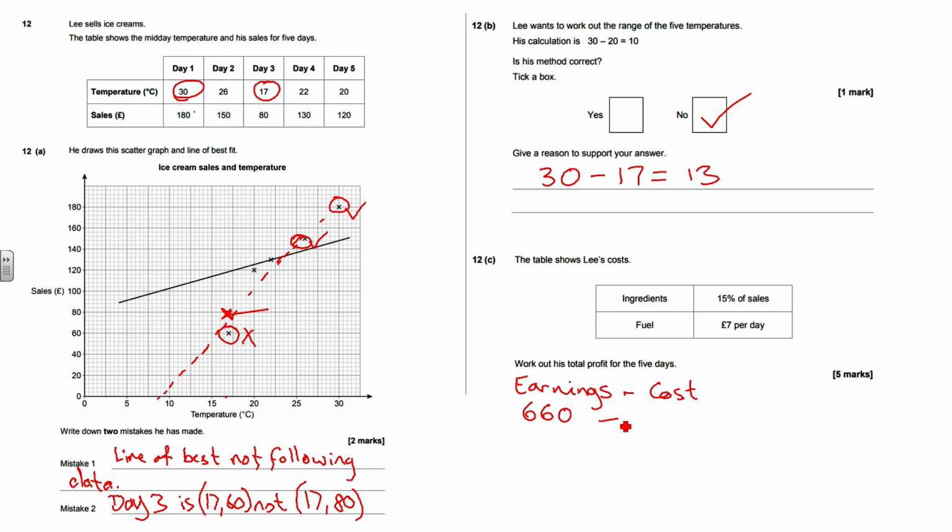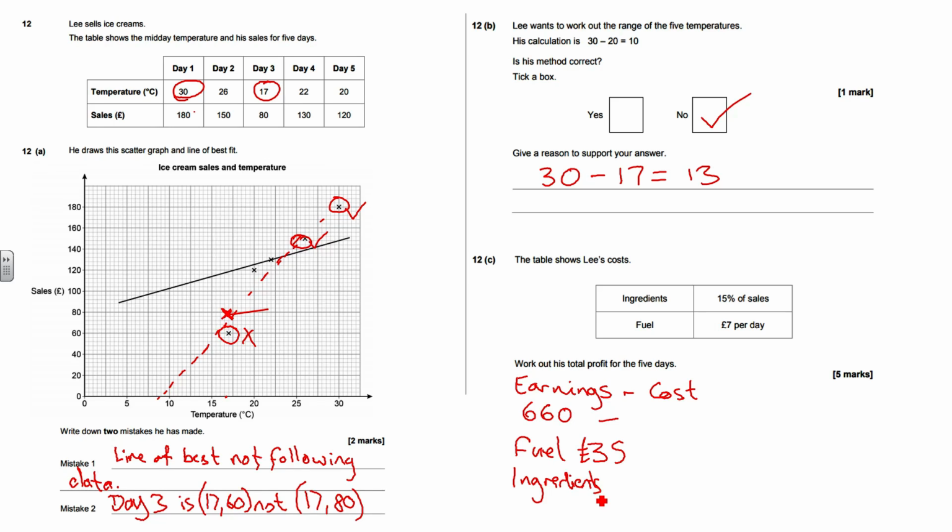Well, his costs are a little bit more complicated. We've got fuel costs and we've got ingredients costs. So the fuel costs, quite simply, £7 per day for 5 days would be £35. His ingredients cost, I need to find out what 15% of his sales are.